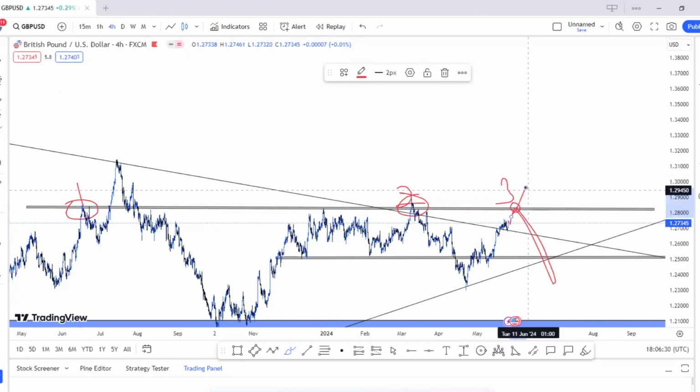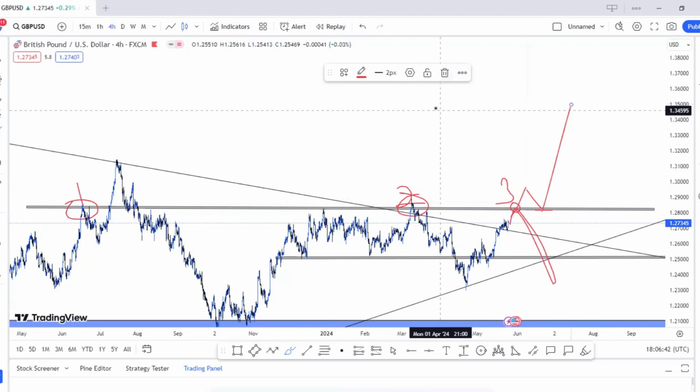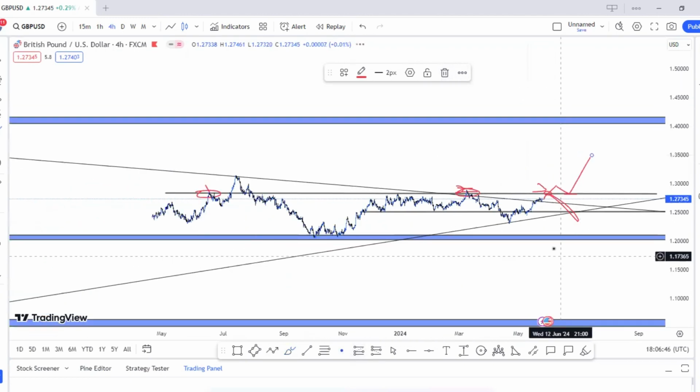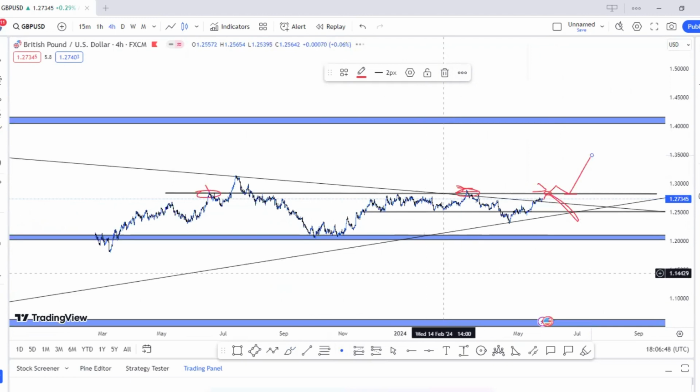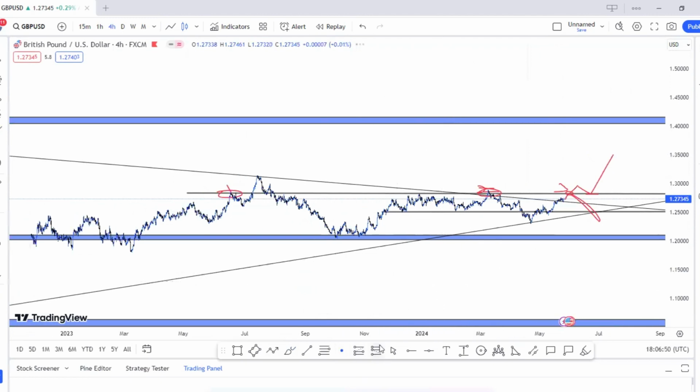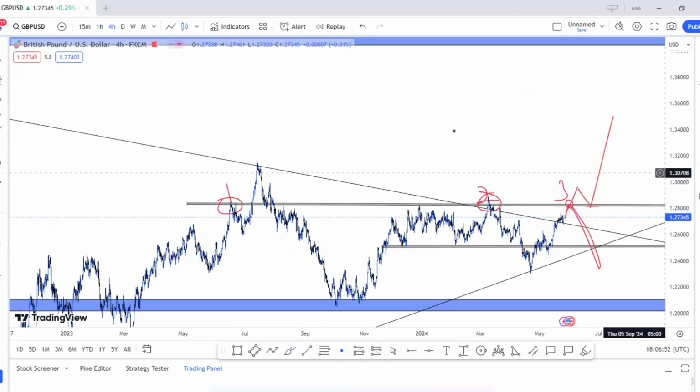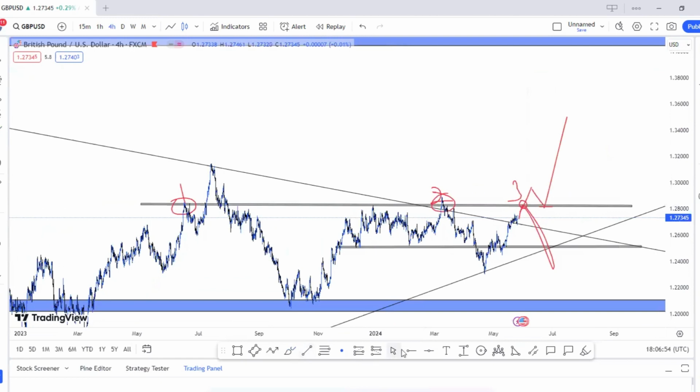Then we want to wait for a retest to confirm that this zone has changed from being a resistance to a support. Then we'll be looking to take GBPUSD further to the upside, and our possible price projection will be this point right here.